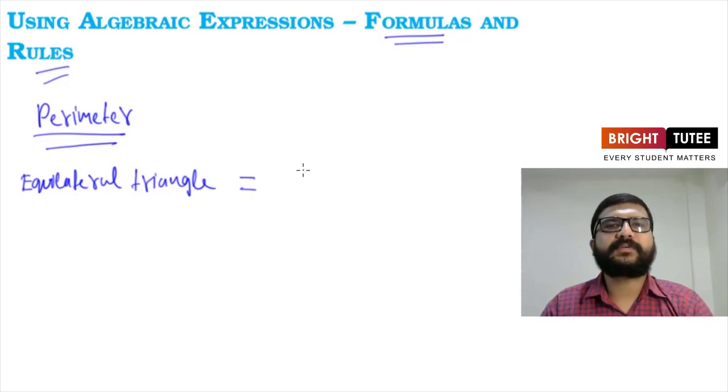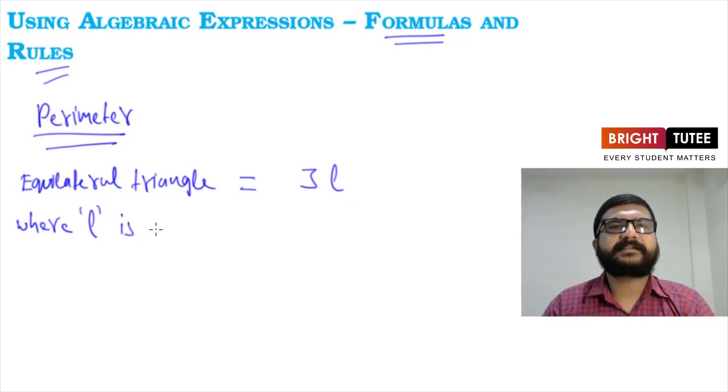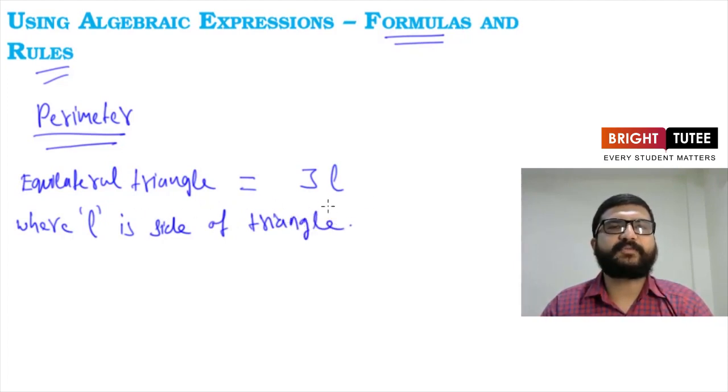It is equal to 3 into L, where L is the side length of this triangle. As it is an equilateral triangle, all the side lengths are equal. So for an equilateral triangle, the expression for finding perimeter is 3L.